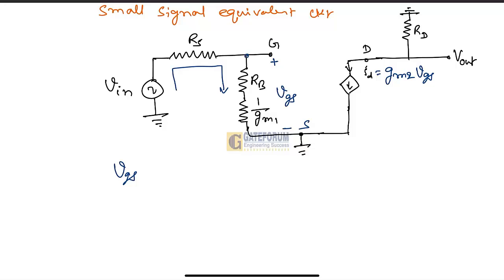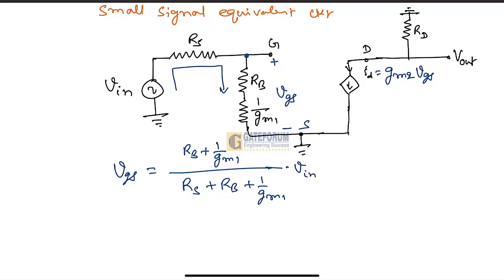So we can apply the voltage division rule: VGS = (RB + 1/gm1) / (RS + RB + 1/gm1) times Vin. Let's call this equation number 1.